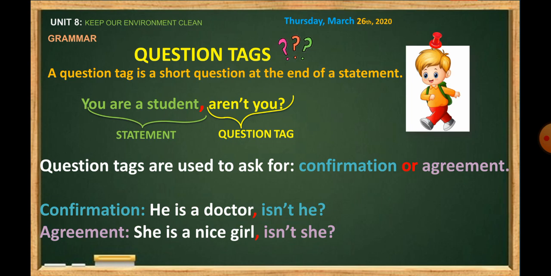Let's see the examples. Let's start with confirmation. He is a doctor, isn't he? So, we have the idea in mind, but we are not sure.